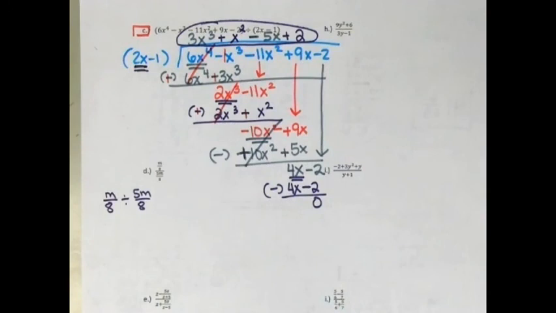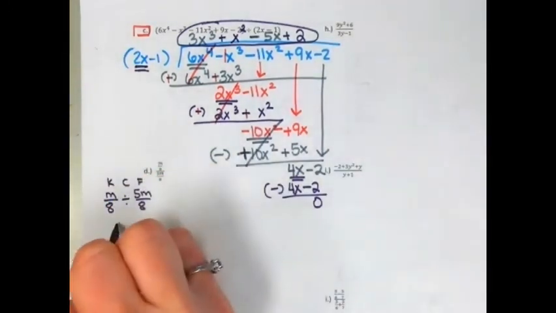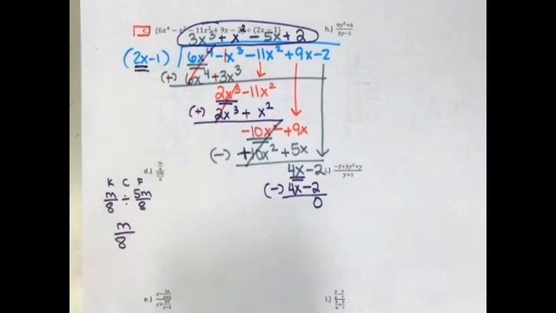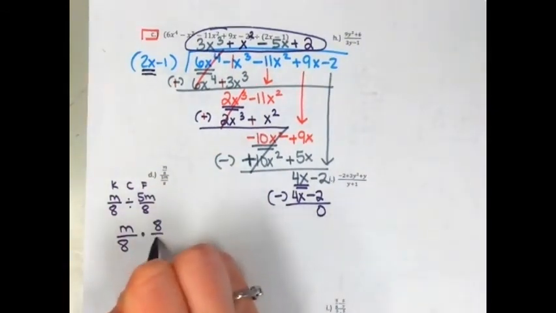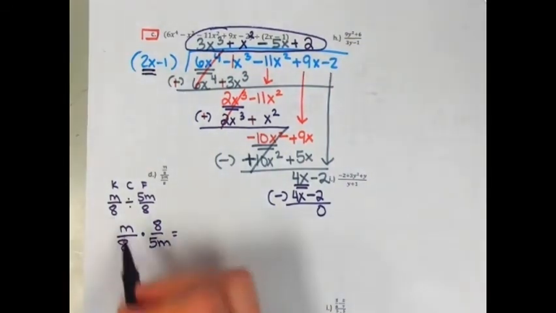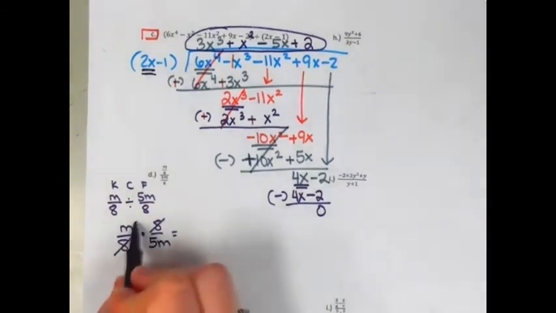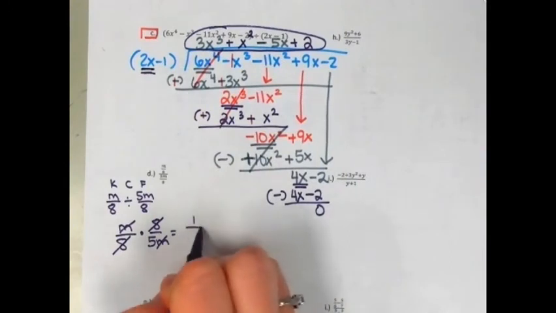Yeah, you do. So we're going to keep it, change it, flip it. So you guys actually picked the easiest one, didn't you? So M over 8 times 8 over 5M. Do the 8s cancel? Do the M's cancel? What's left on the numerator? 1. What's in my denominator?